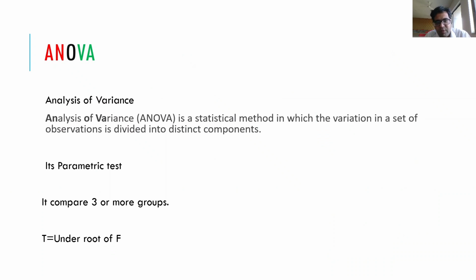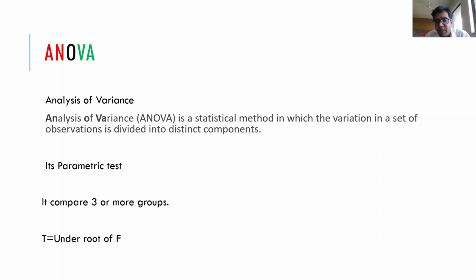One-way ANOVA, or ANOVA, basically refers to analysis of variance. Analysis of variance is a statistical tool which we use to know whether there is a variation in different groups or not. Again, as I had said, it is a parametric test.